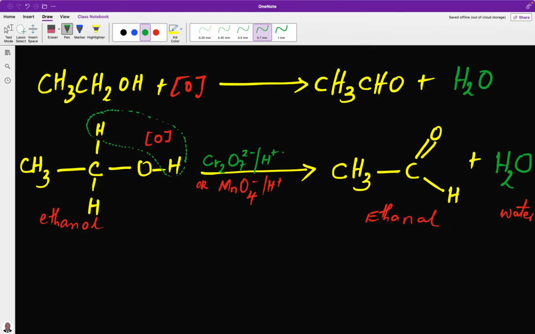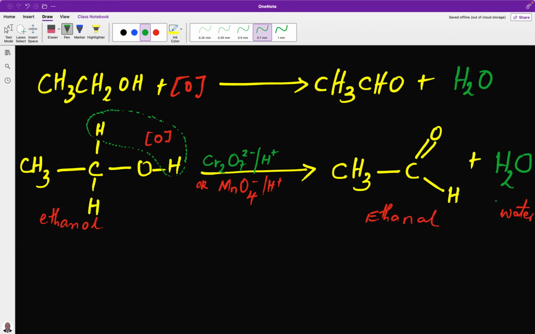The oxygen that is given by the oxidizing agent is added into a molecule and removed with hydrogen. So now it is a molecule of water that is being eliminated.